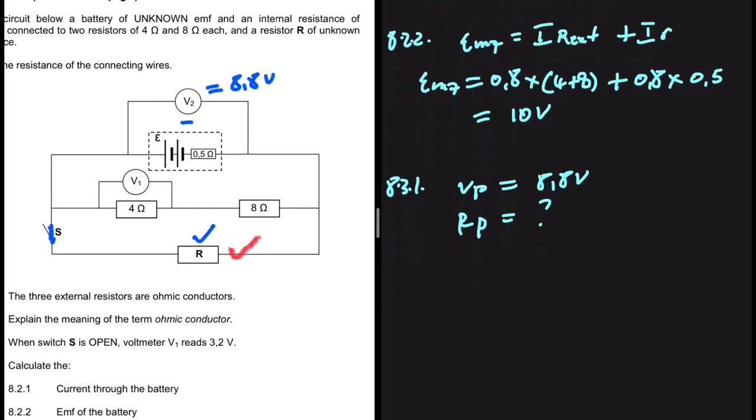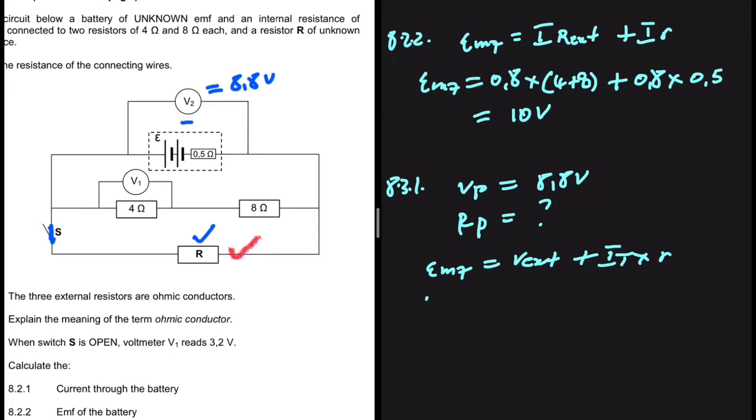What can we say? We can say that EMF is equal to V external plus IT multiplied by the internal resistance. The EMF of the battery doesn't change, so it doesn't matter that we've closed that switch. V external and V internal change such that the EMF will remain constant.